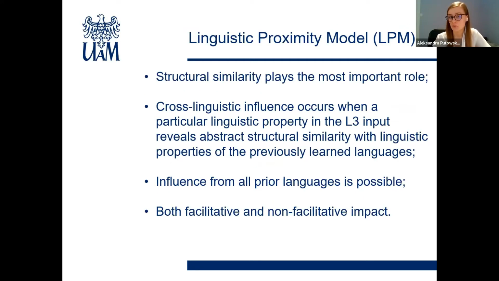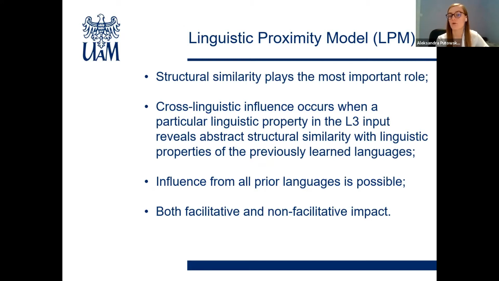According to the linguistic proximity model, structural similarity plays the most important role. So cross-linguistic influence occurs when a particular linguistic property in the L3 input reveals abstract structural similarity with linguistic properties of the previously learned languages.